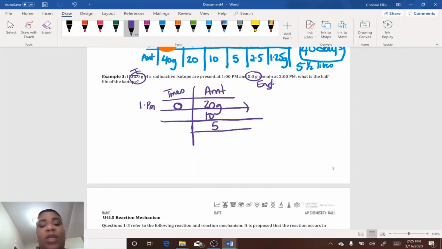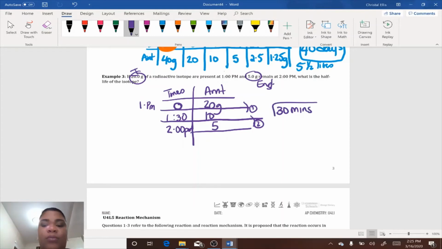So we literally just went through 2 half-lives. So how many would remain at 2 p.m.? Well, if we know that 5 grams remain at 2 p.m. and we started at 1 p.m., that means these 2 half-lives took 1 hour, which means your half-life is 30 minutes.